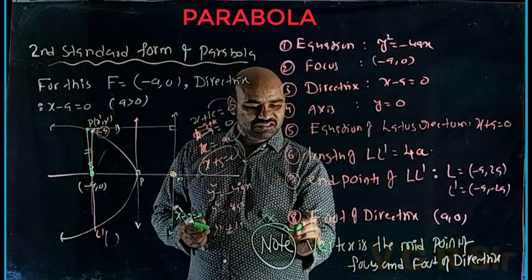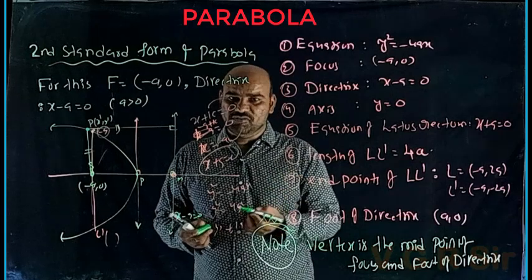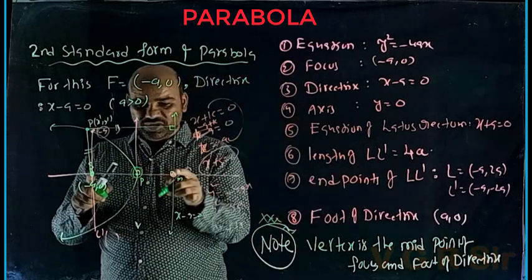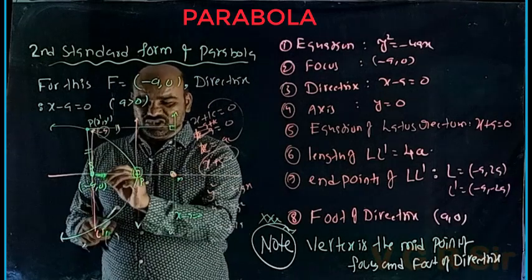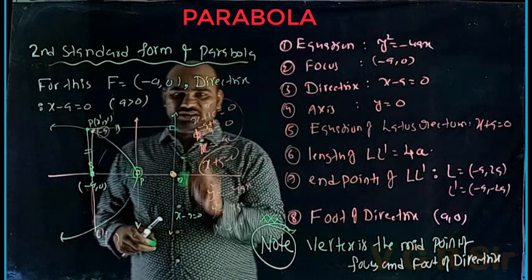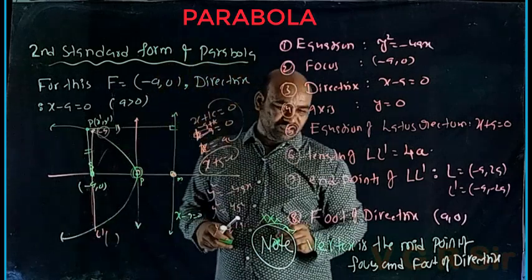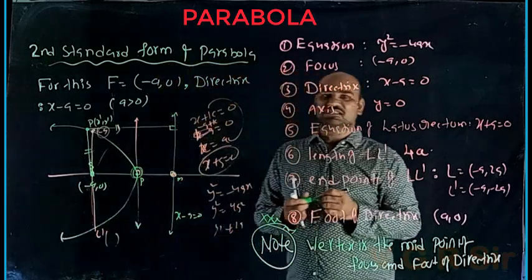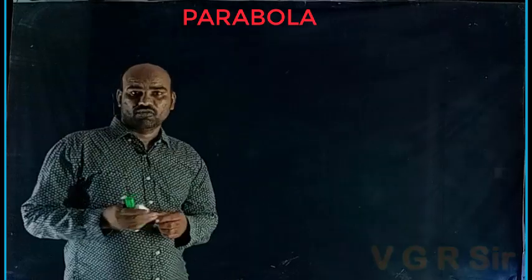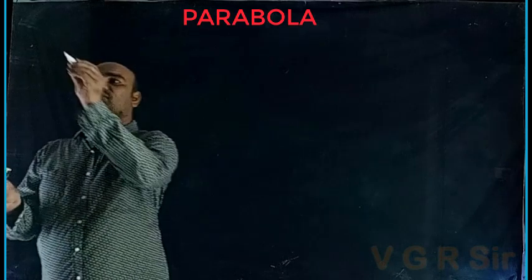By using this note, you can solve so many problems. This is the midpoint of this, obviously. So this is the focus, and this is the foot of the perpendicular, the foot of the directrix. Okay, these are about the second standard form of the conic. Okay students, next, third standard form.